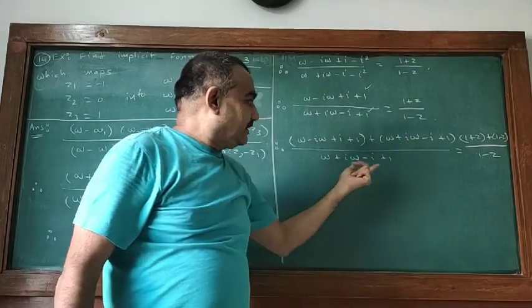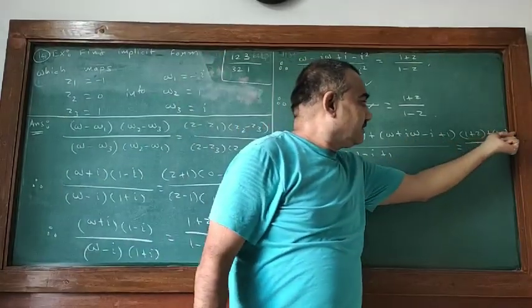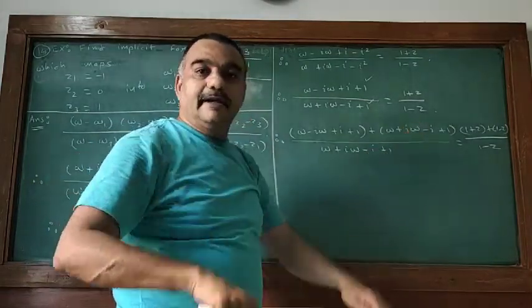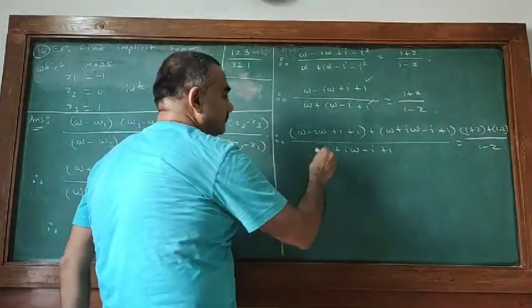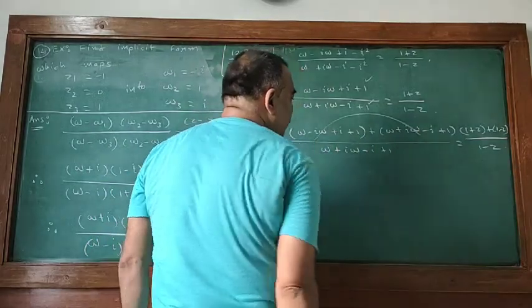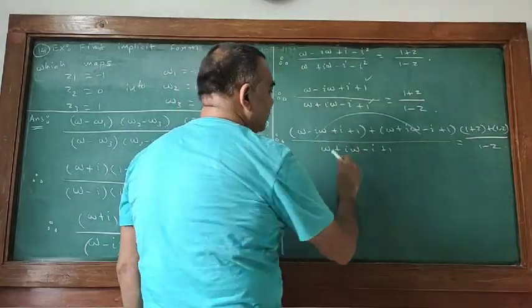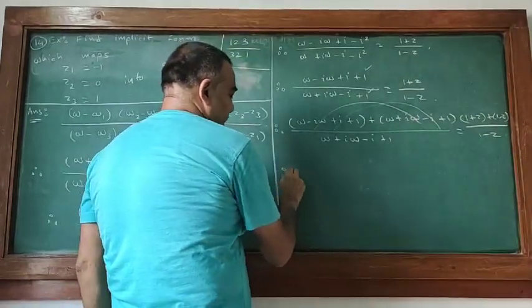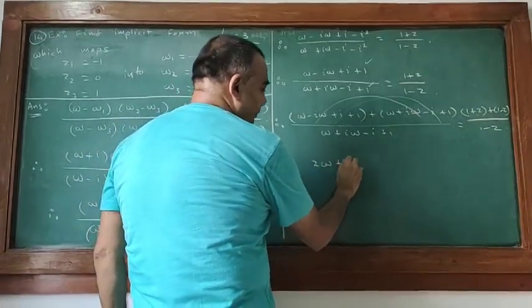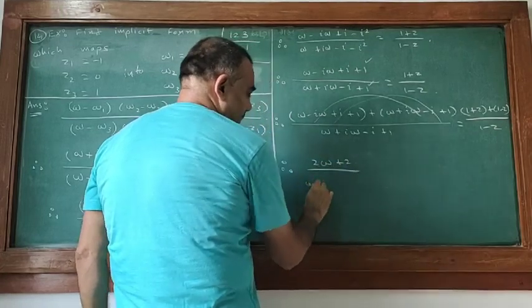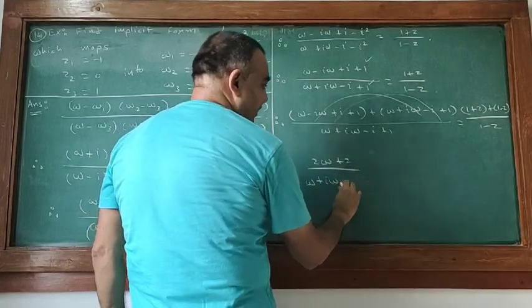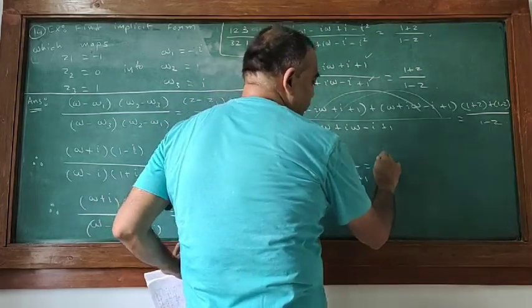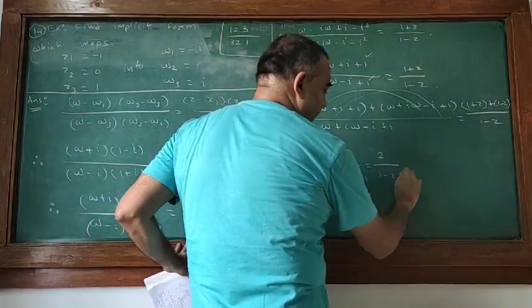Numerator plus denominator upon numerator minus denominator, so the ratio is balanced. Both these are cancelled. Both these are cancelled. So 2 omega plus 2 upon the remaining term equals 2 upon 1 minus z.